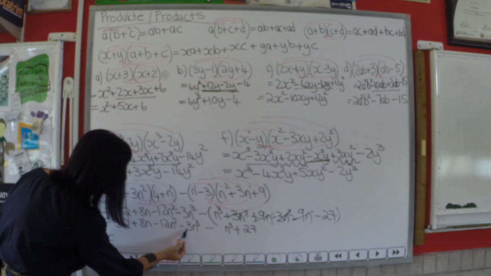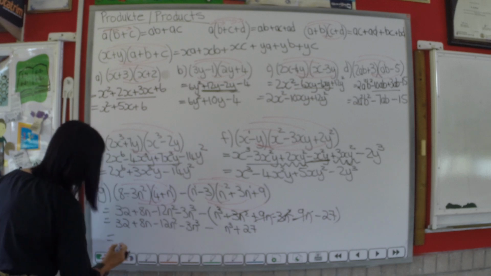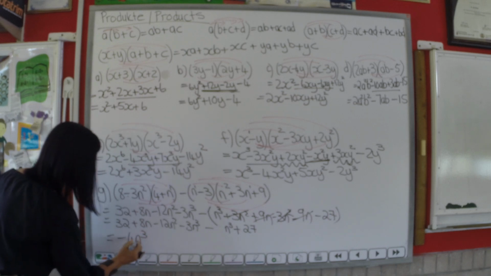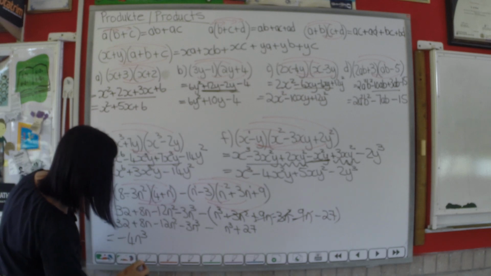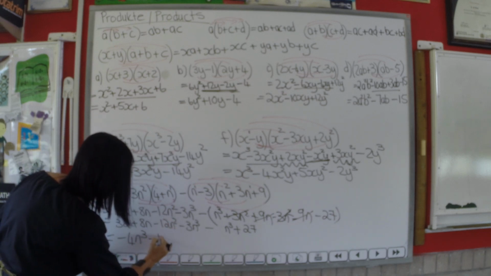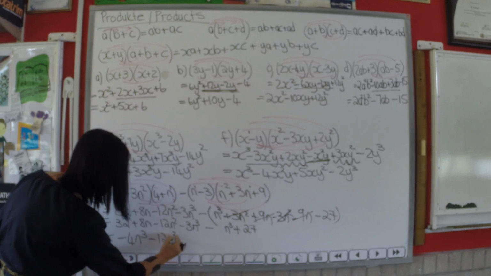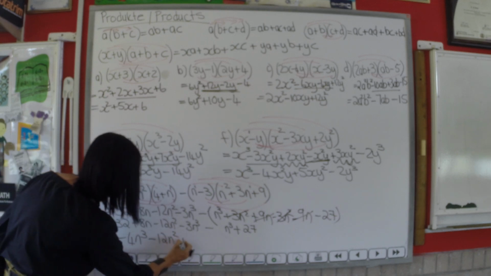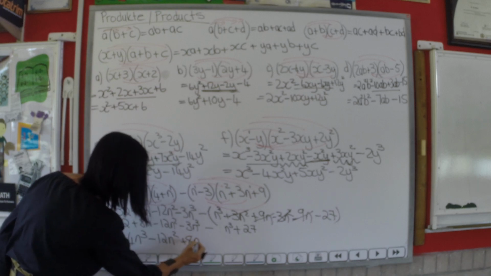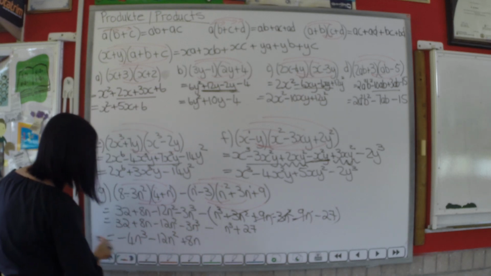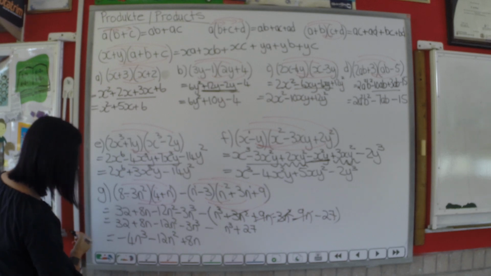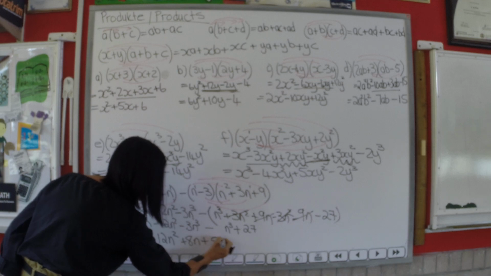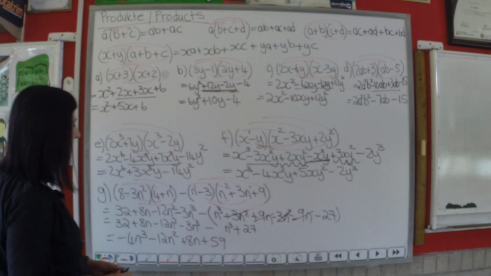So I have minus 3 minus 1, so that is minus 4 n cubed. Let's go to the squares. There's only one square. Let's go to the n's. Only one n. And let's go to the numbers. 27 plus 32 gives me plus 59. And I'll simplify. I'm done.